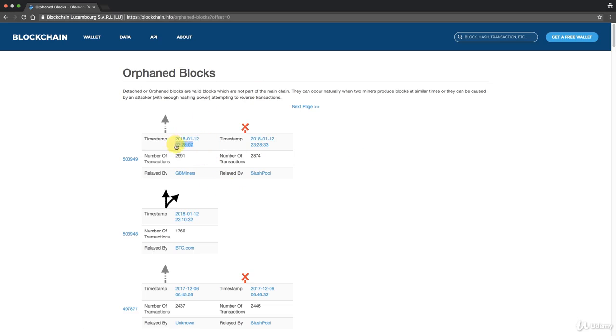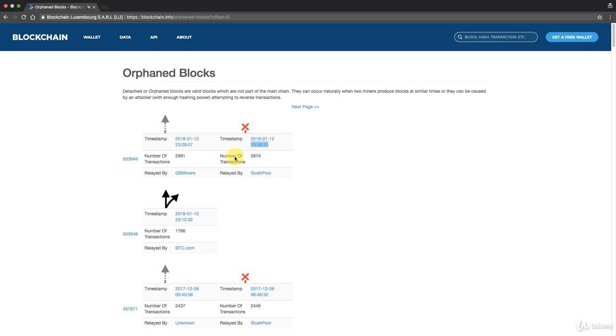What happened is at 23:28:07, GB miners found the next block. But at 23:28:33, which is like 26 seconds later, Slush Pool, remember that mining pool in Czech Republic? They also found a block.